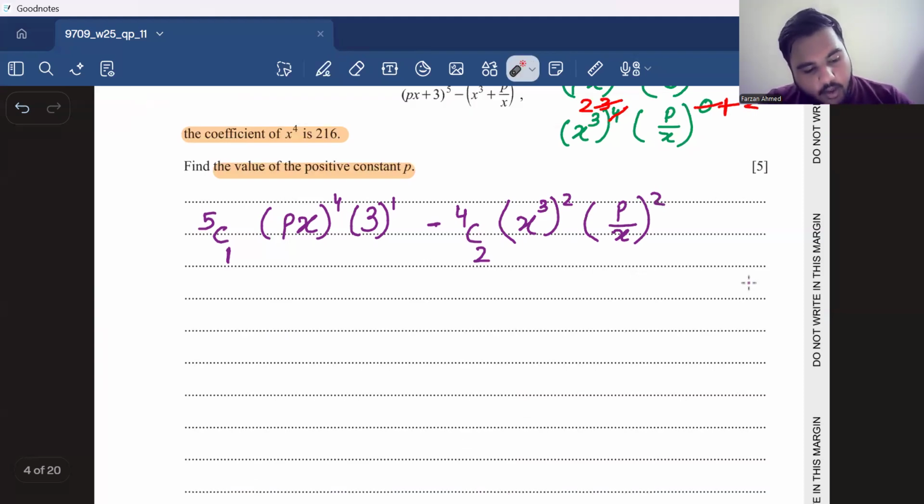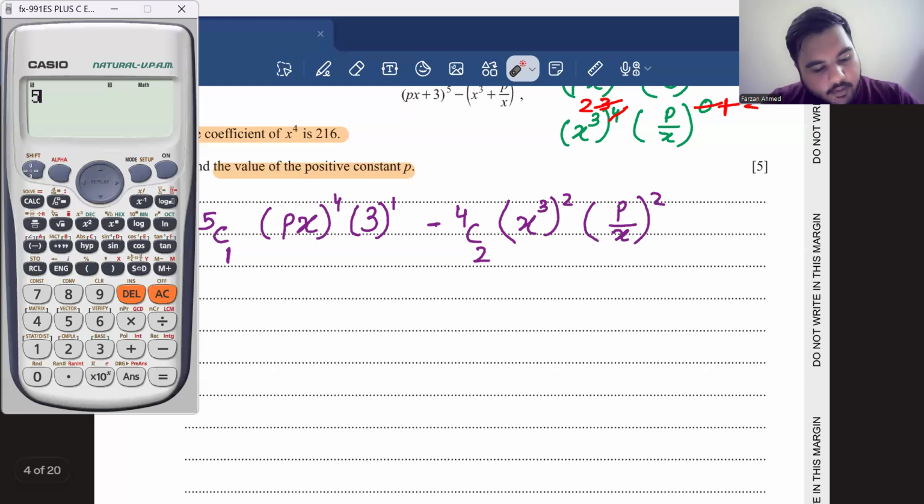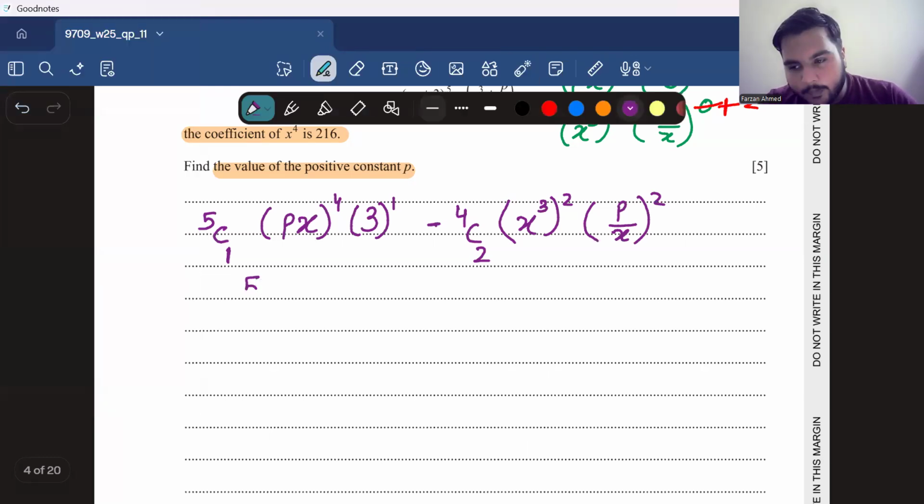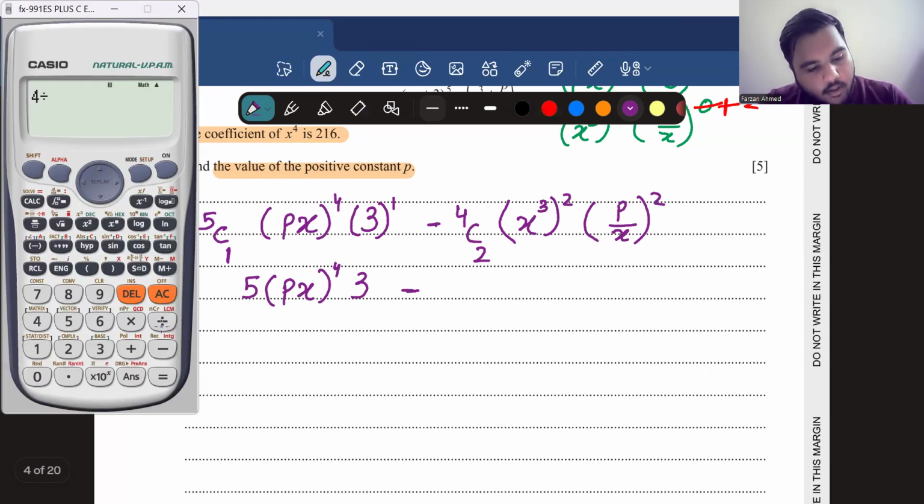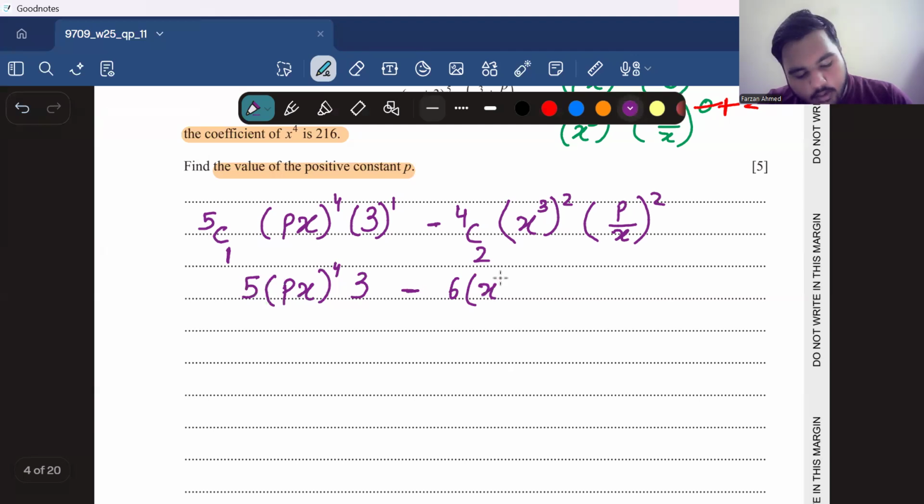With the help of the calculator, I'm writing 5C1. 5C1 is 5, and (px) raised to power 4, this 3 and minus. What is 4C2? 4C2 is 6. So 6x raised to power 6 and (p over x) raised to power 2.